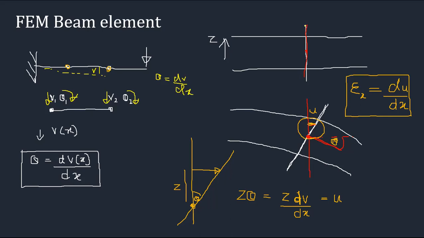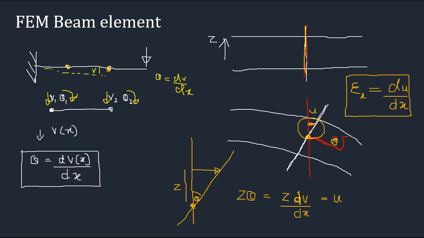So if you consider this beam, let's consider this plane. So what Euler says is, if the beam is deformed, according to Euler assumption, the plane section remains plane even after the deformed shape, right? So you can see this at the neutral axis.